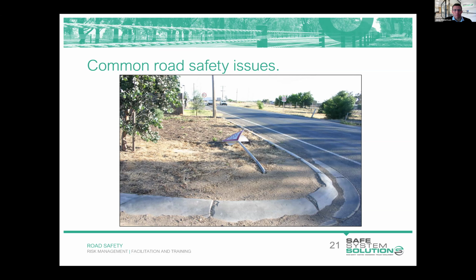And that is certainly often a pointer to there not being enough space, perhaps excessive speeds on the approach, or a need to provide greater advance warning to approaching motorists.